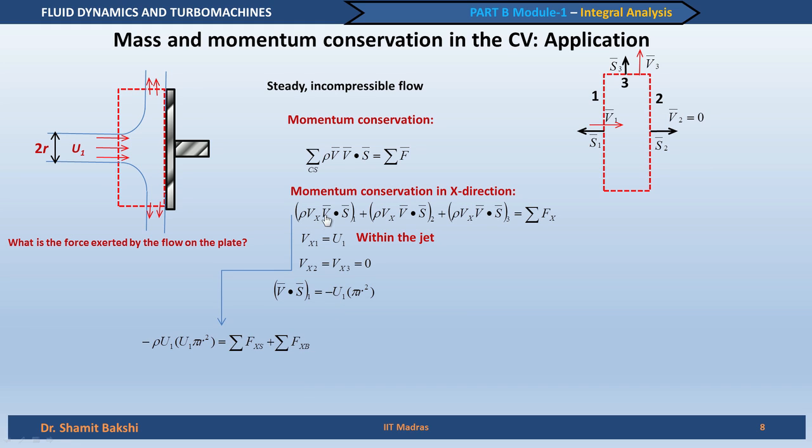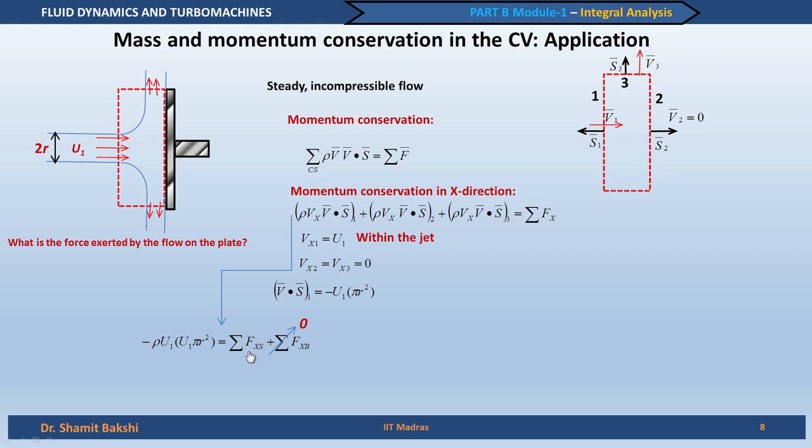Now, if we plug in here, we can write this equation as minus rho u 1 multiplied by u 1 pi r square, which is basically equal to the sum of all the surface forces and the body forces. The body force of course is 0 in this case. We are writing it in a general way, so that we know how to apply these equations for any situation.